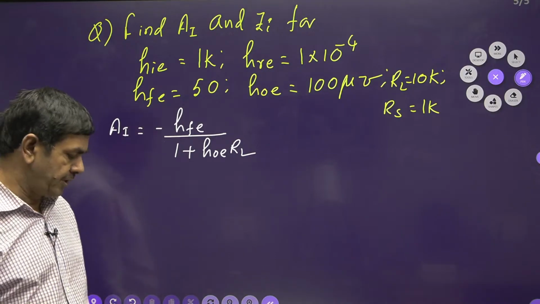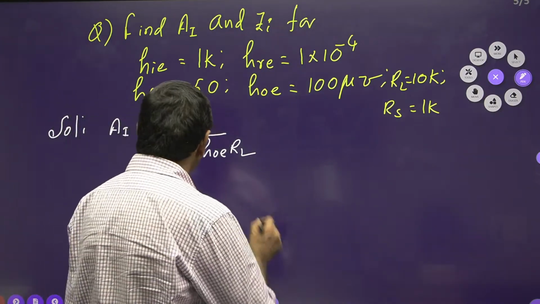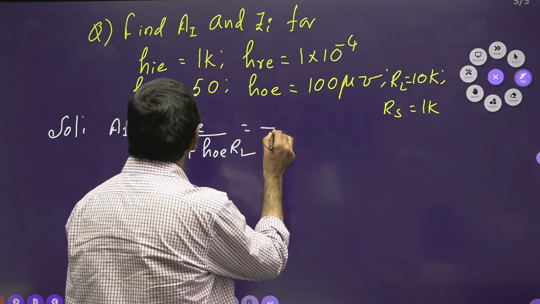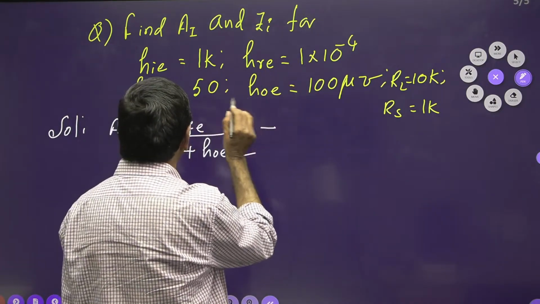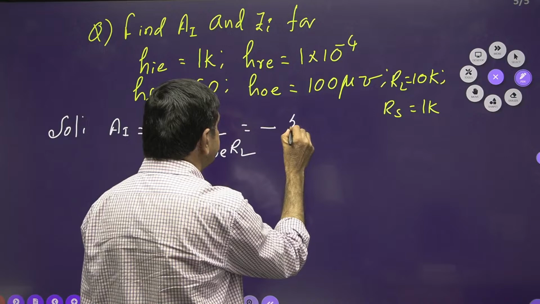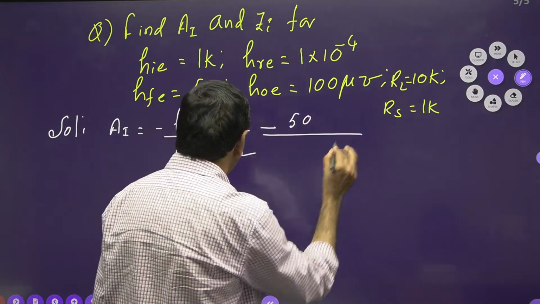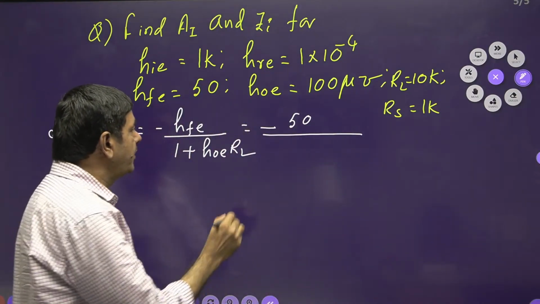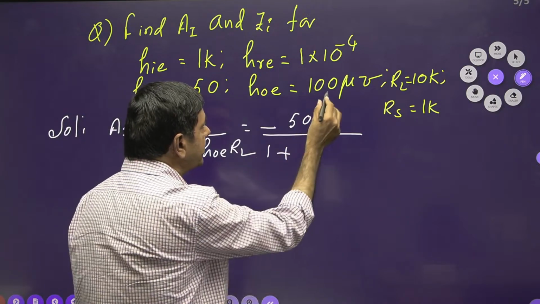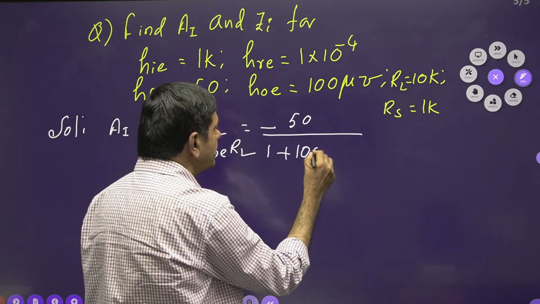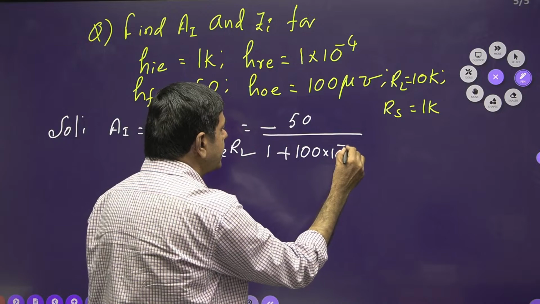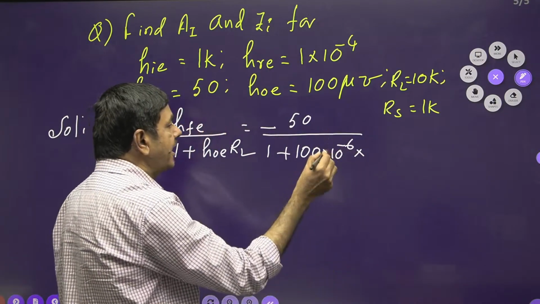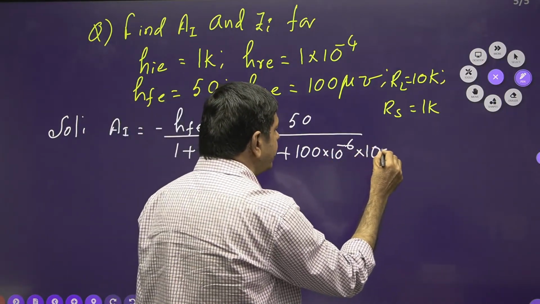You can substitute these values. What values are given? Minus HFE is given as 50, divided by 1 plus HOE. HOE is 100 micro, 10 power minus 6. RL is given as 10K, 10 into 10 power 3.